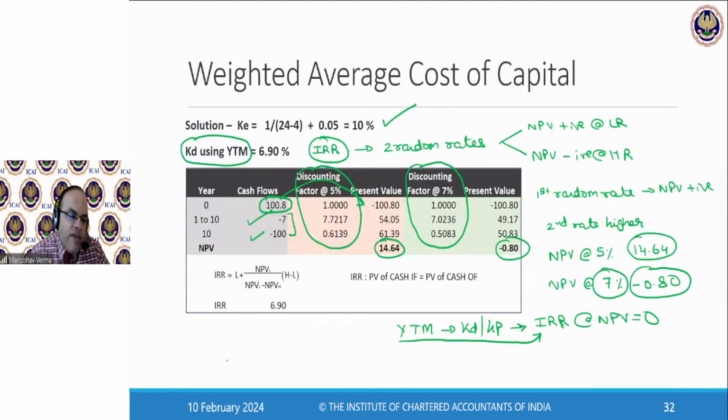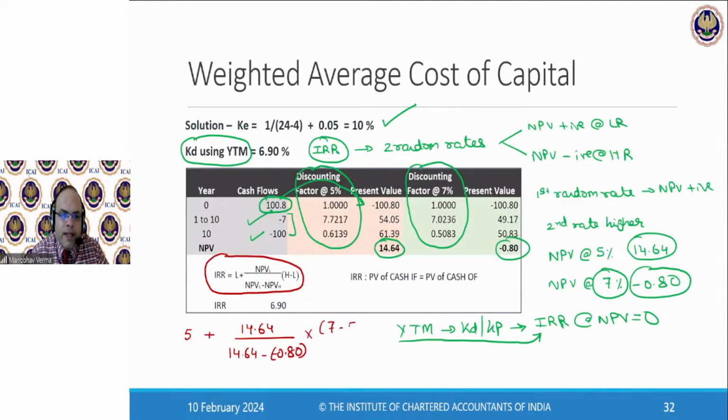Hence, if we apply our formula that we learned the other day, this formula of IRR, and put in the values, the lower rate is 5, NPV at the lower rate is 14.64, minus 0.8, multiplied by 7 minus 5.